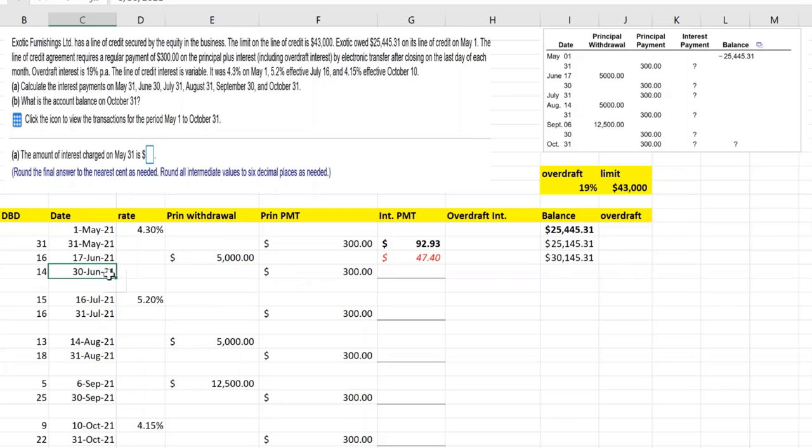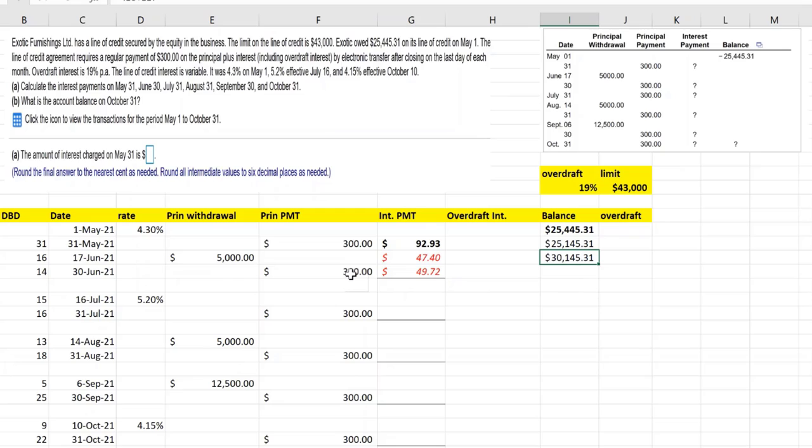So the next date is the end of the month. So the end of the month, June 30th, counting that day, I need to calculate the interest that is built up to that day, equals P times R, which is that, times T, which is 14 days out of 365. So I know that's $49.72 because of the extra $5,000 on the principal.